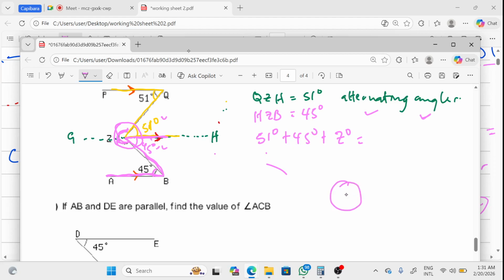Here you have 51. Here you have 45. The remaining here is what you are looking for. So what do you think it is going to be? So that's 180 minus 51 minus 45.